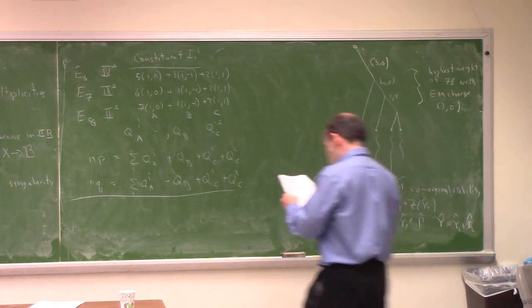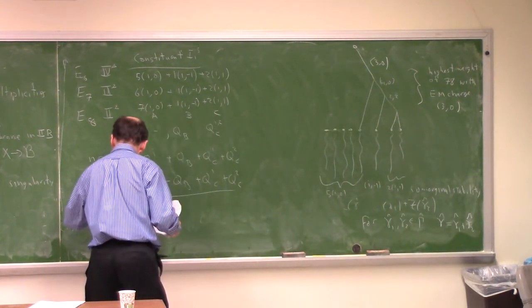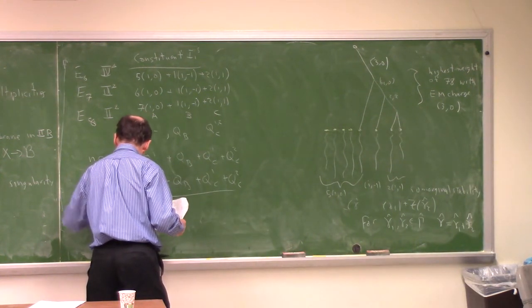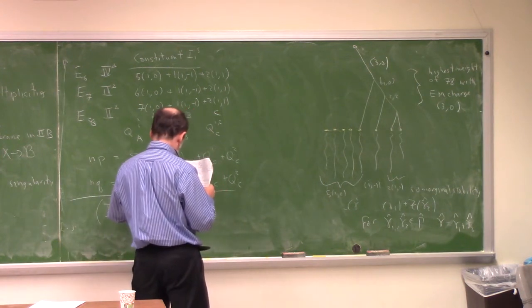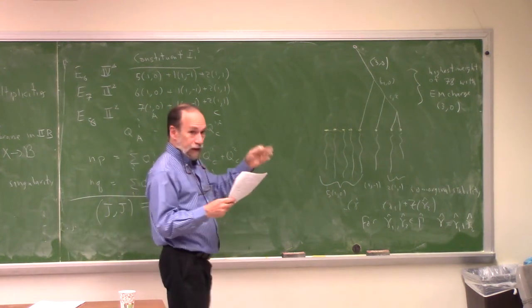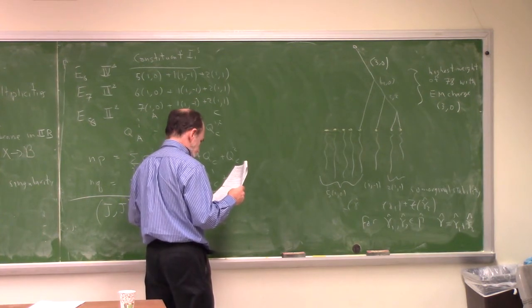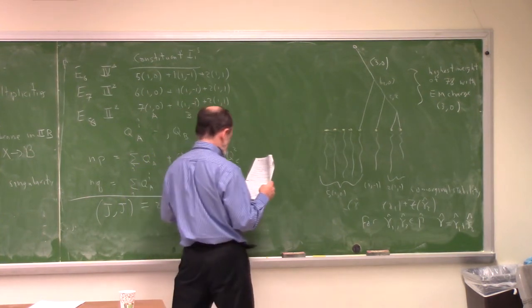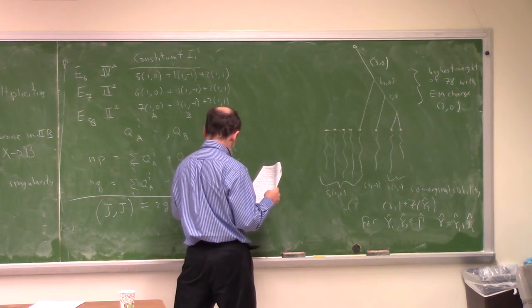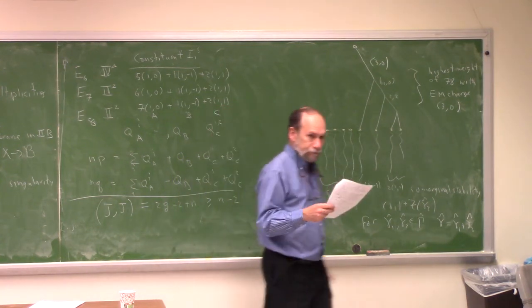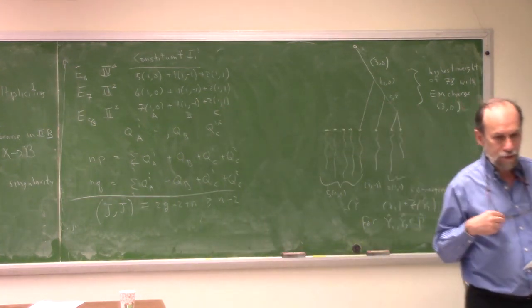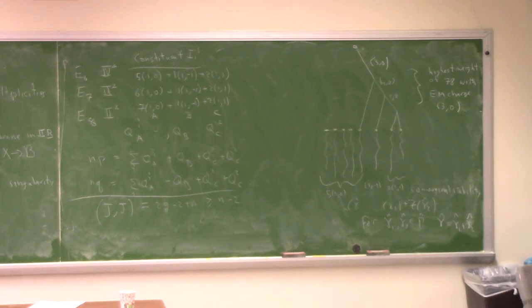The first most obvious thing is that the intersection pairing of J with itself, because X is Calabi-Yau, this is just 2g minus 2 plus n, which had better be greater than or equal to n minus 2. That's kind of obvious.